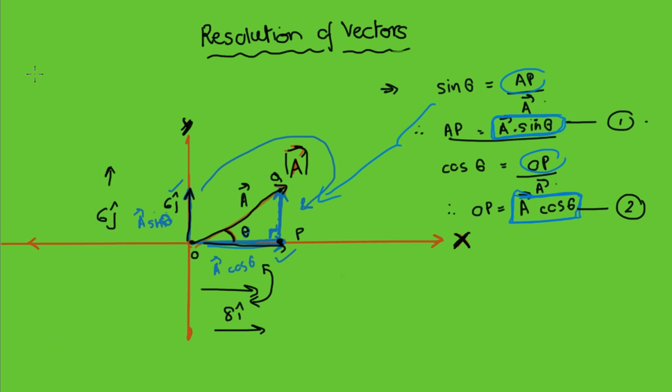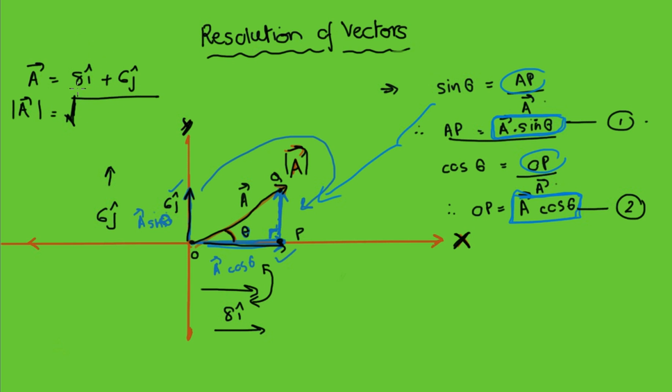So we are given that vector a is equal to 8i over here plus 6j over there. Now to find the magnitude, all we need to do is find the root of the sum of the squares of both of them.